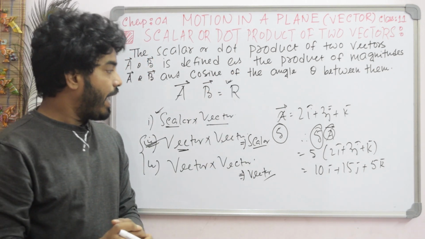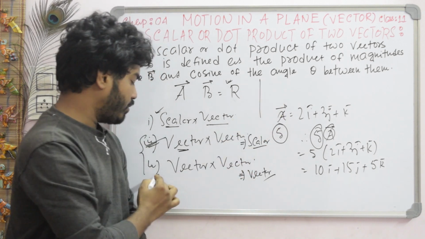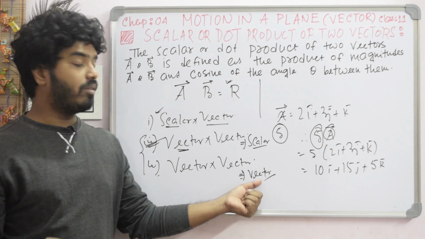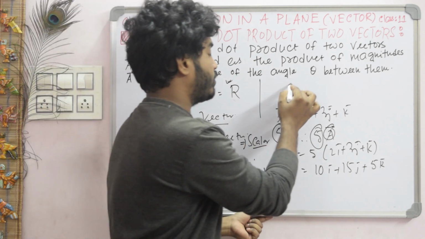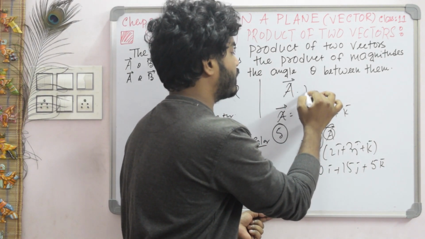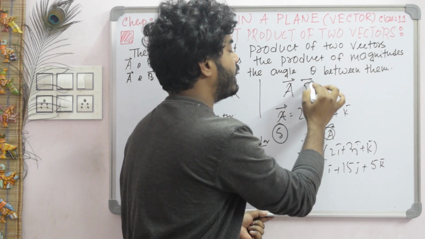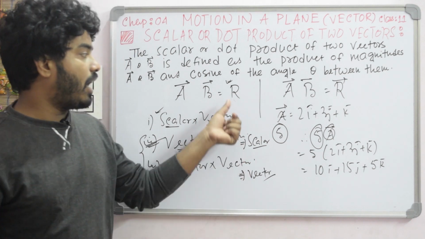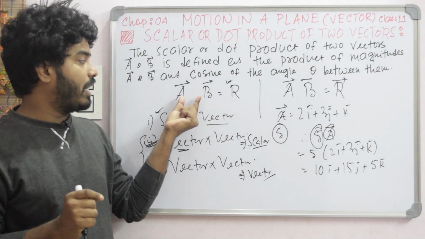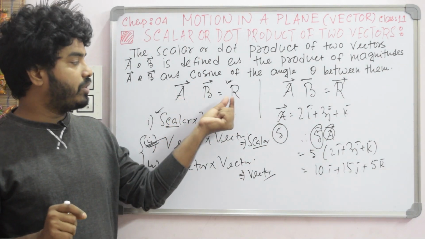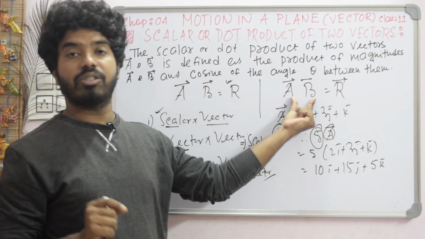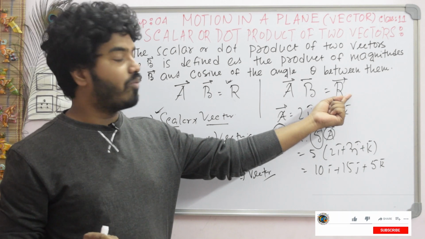And the third one is named as vector multiplication of vector, and this value gives a vector quantity. So if we consider two vectors, vector A and vector B, then it gives a quantity which is a vector. Here R is the resultant of multiplication of two vectors which gives a scalar value. Here R is the resultant of multiplication of these two vectors which gives a vector value.